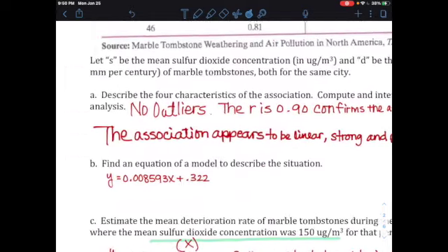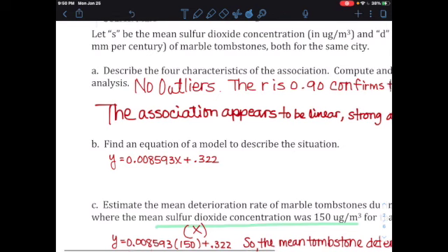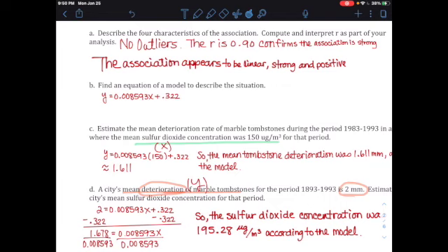Going on, using the same set of data, y equals 0.008593x plus 0.332, and that will be my equation of the whole situation, and that's by using VARS, going into number 4 with ax plus b. Then I use that equation because the sulfur dioxide concentration was 150 µg per meter cubed.